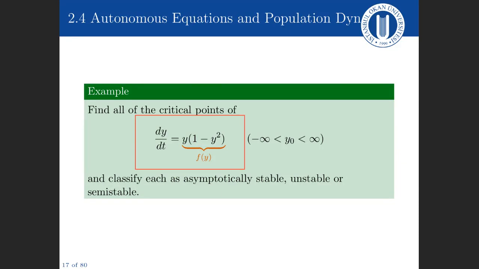This function is our function f(y). And I'm interested in looking at this for any y between minus infinity and infinity. In some examples I restrict y, but for this one, or if I don't say, we should assume that y is between minus infinity and infinity.